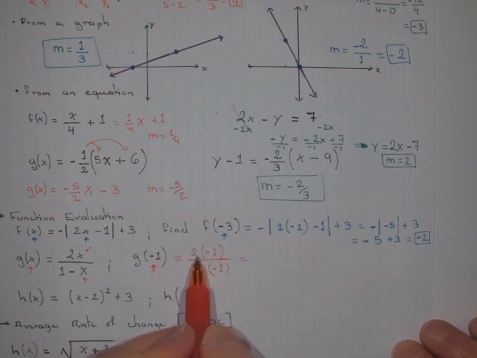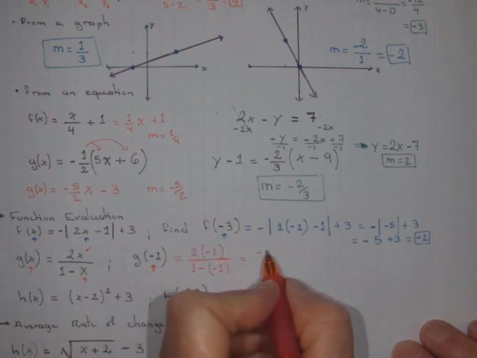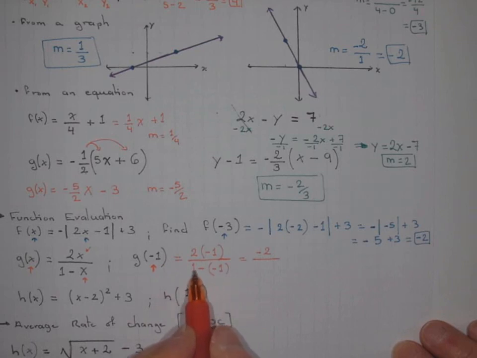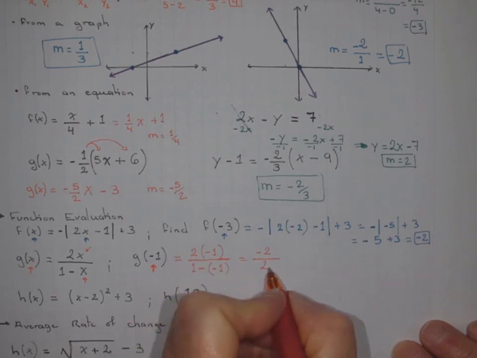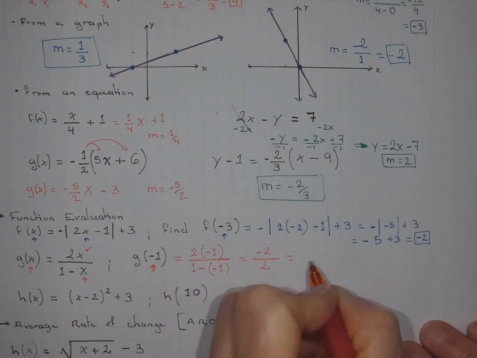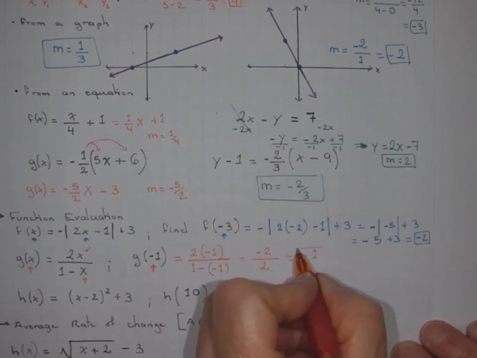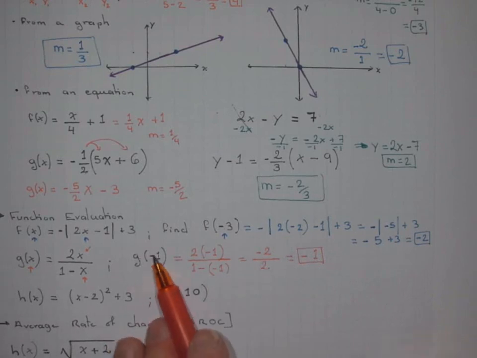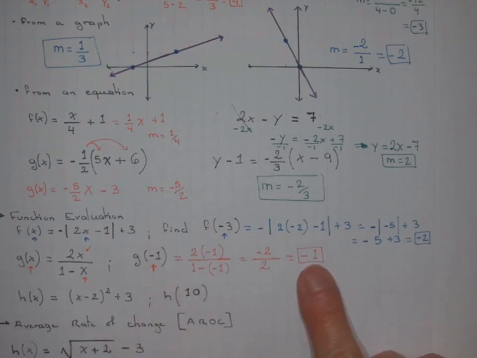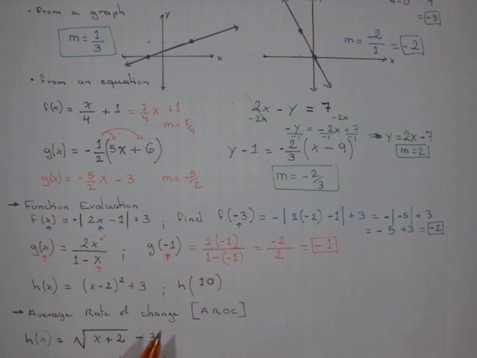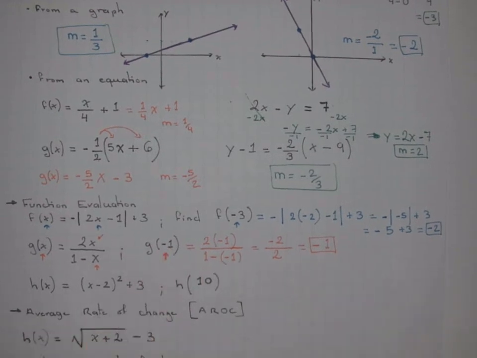This is a multiplication, so 2 times -1 is -2, divided by 1 minus a -1, so 1 minus negative becomes plus, so 1 plus 1 becomes 2, and -2 over 2 becomes a -1, so this is -1. So g of -1 is actually equal to -1. That wasn't done purposely, that they end up being the same, the input and the output, but that's just what happens sometimes, right?